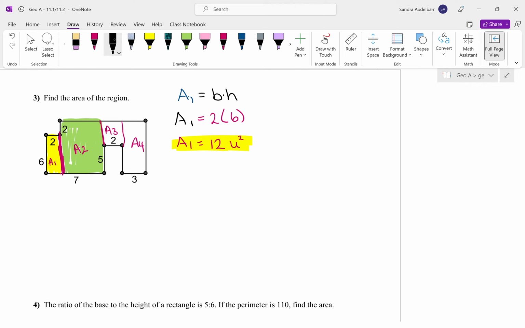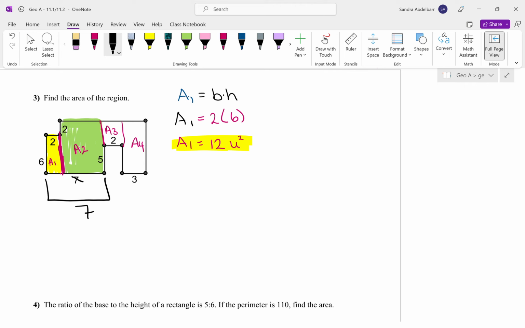For area 2, my base is not 7. This 7 represents this whole base. Remember what was there before? Right. So any ideas on how I can find the base of just the green area? Vincent? Subtract 7 from 2.